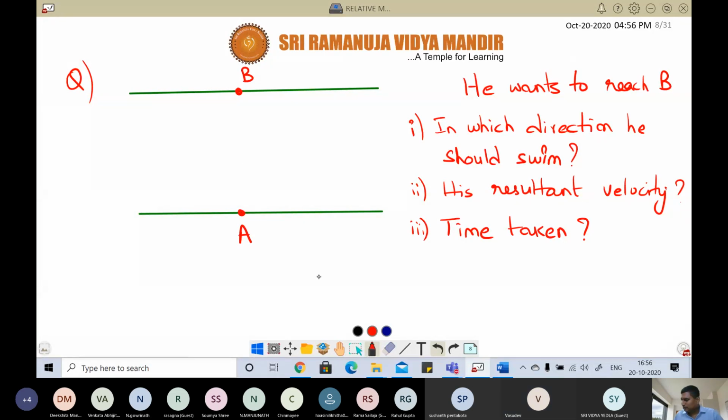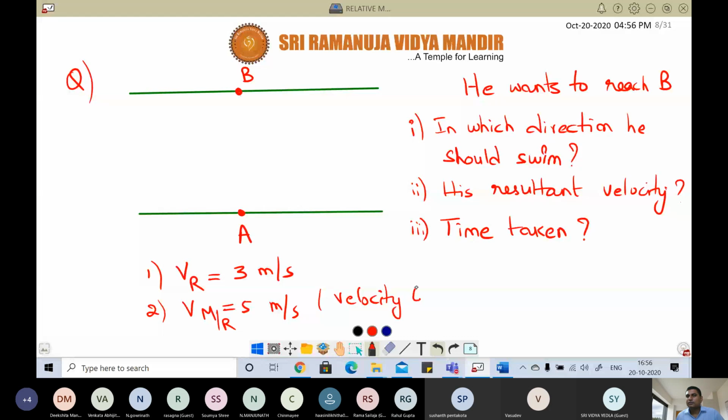Now the values given are: velocity of river is 3 meters per second, and velocity of man is 5 meters per second. Man means with respect to river. This is also called velocity of man in still water in some textbooks.